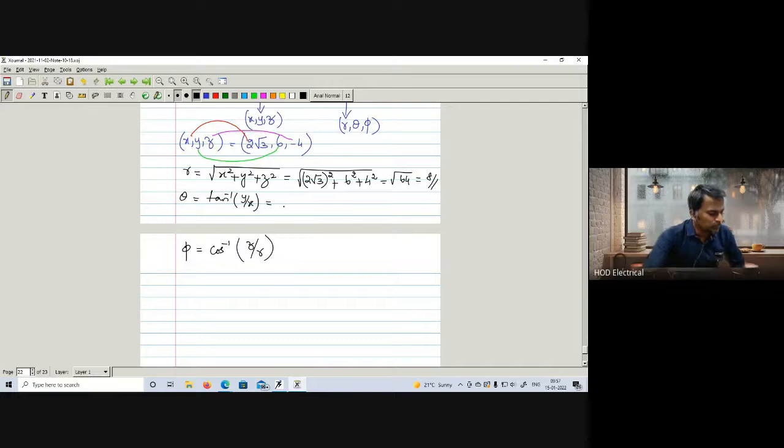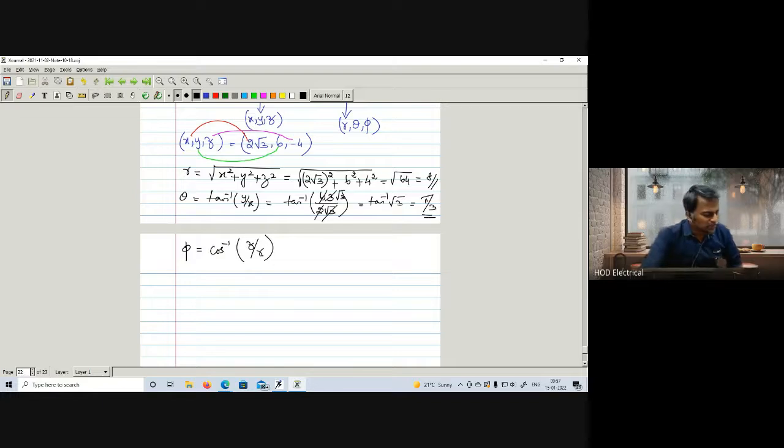Theta is equal to tan inverse of y, which is 6, divided by x, which is 2 root 3. Therefore, root 3 cancels, and tan inverse of root 3 is equal to pi by 3.